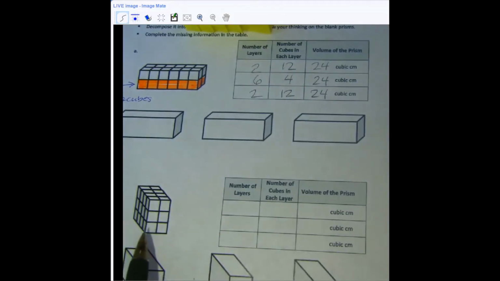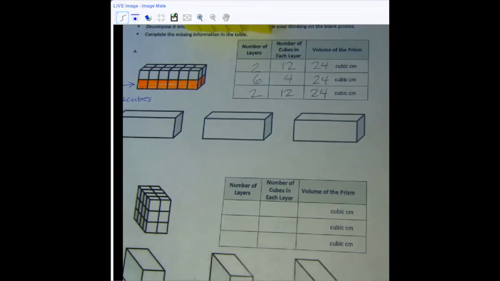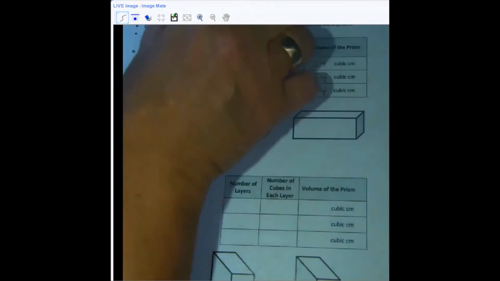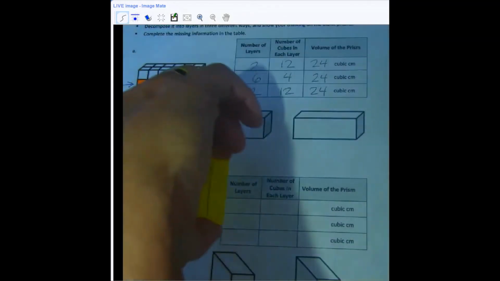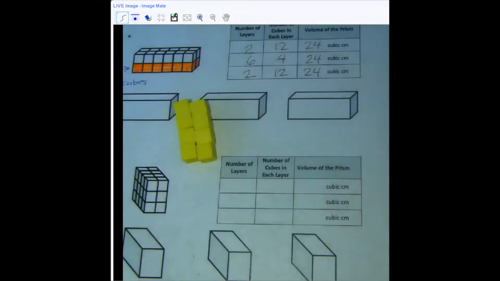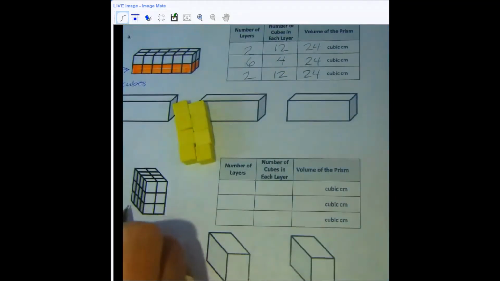Okay, let's look at this one now. It looks like the bottom layer is 1, 2, and it's 1, 2, 3, 4. So that bottom layer is 8. Here's the bottom layer, 8. And how many layers does it have? 1, 2, 3.